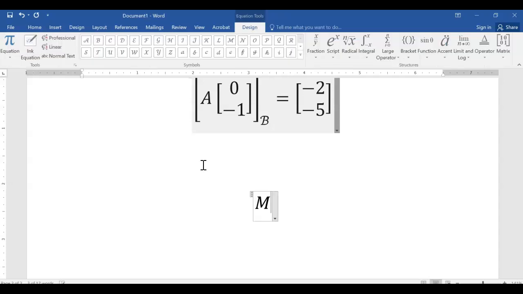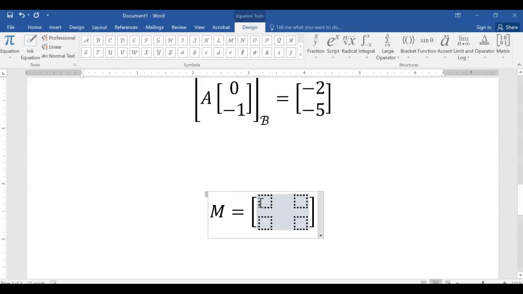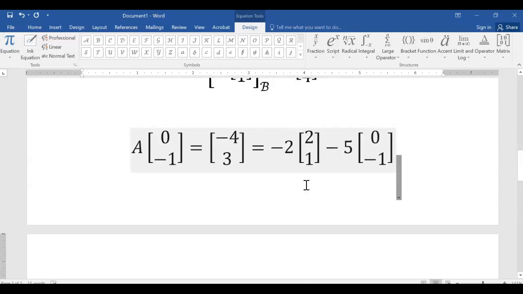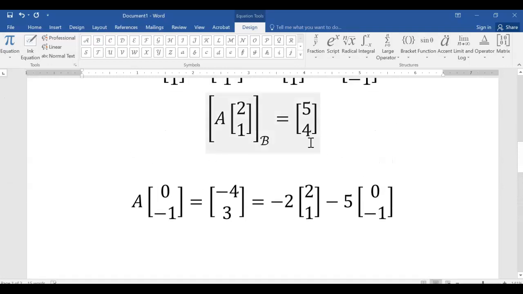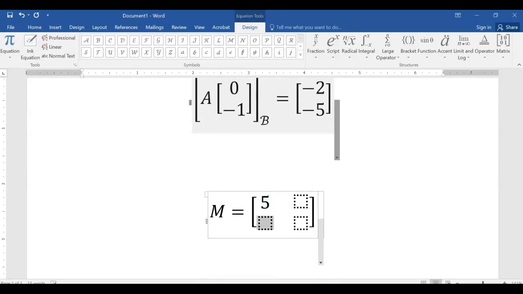Well, my matrix M would have been a 2 by 2 matrix whose first column is 5, 4, and whose second column is -2, -5.